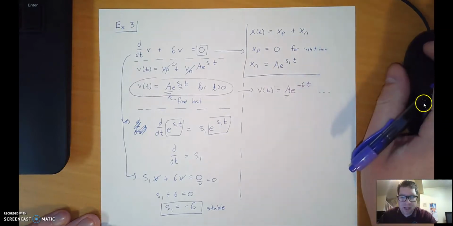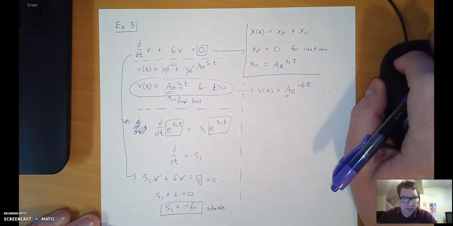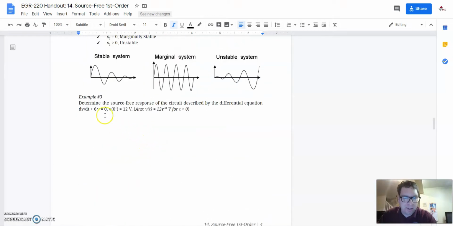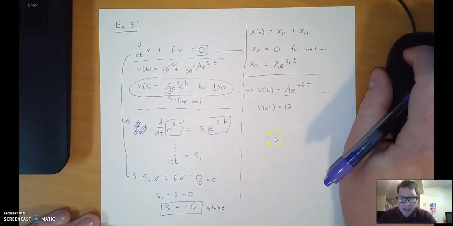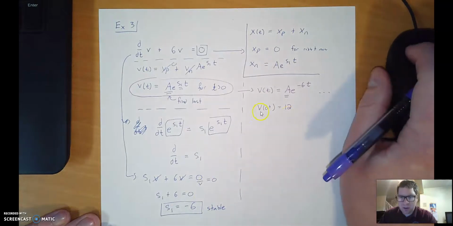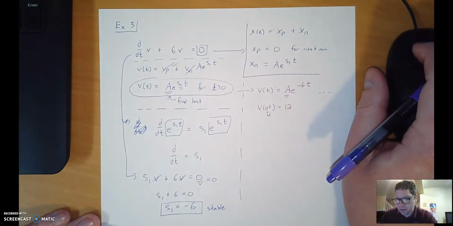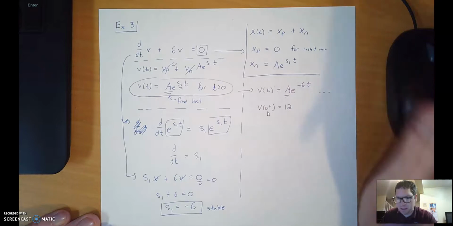What they have to do is give you what's called an initial condition. If you look back in the problem, they gave us an initial condition. They told us that V of 0+ was 12 volts. So what does that mean? Well, that means the voltage right after we switch it off. That's what it means by plus.